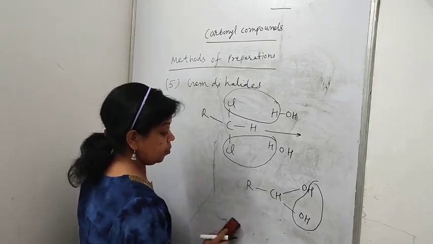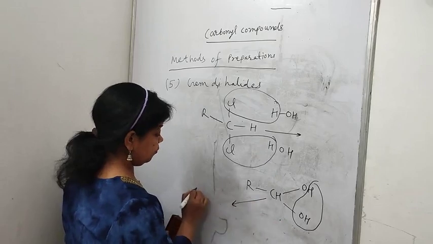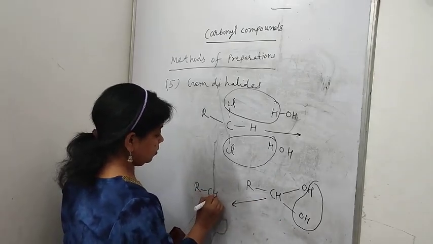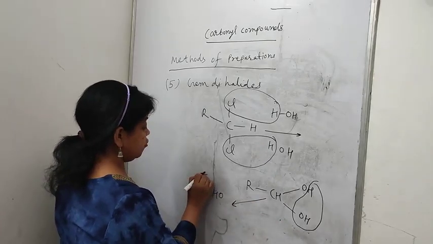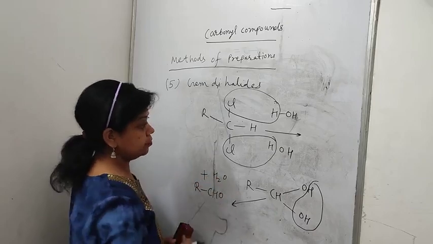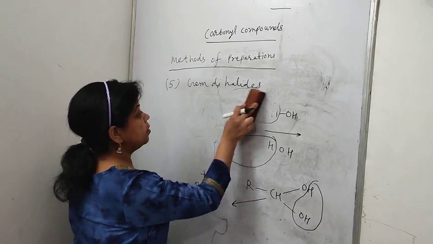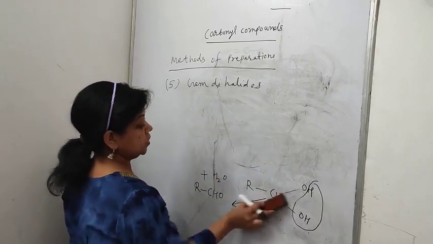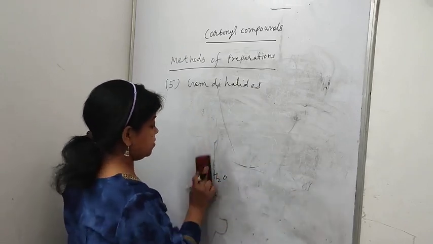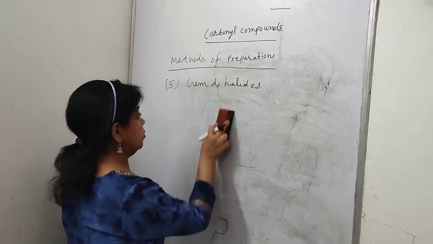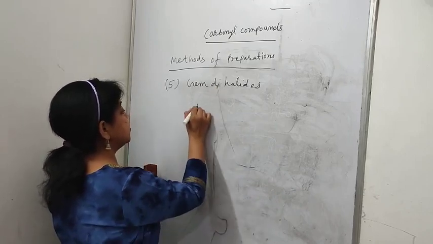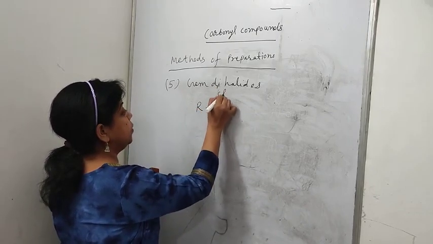So we can write it here, RCHO plus water. I think it is clear now. What will happen if we take a dihalide in which both the halogen atoms are present in the middle?